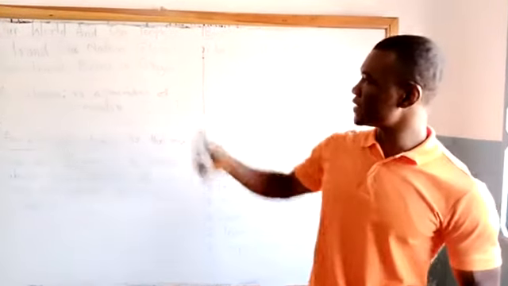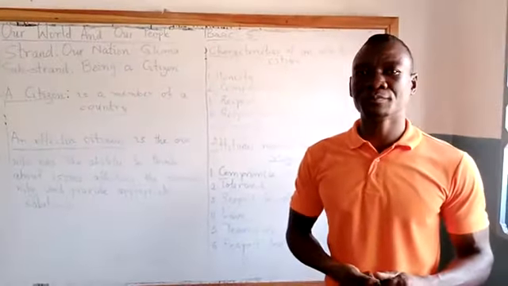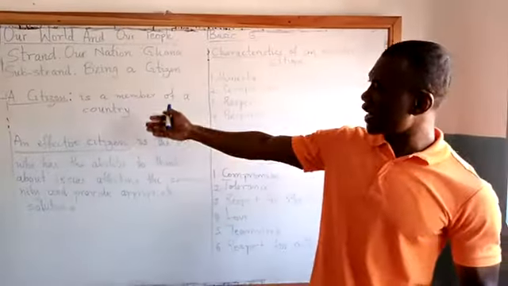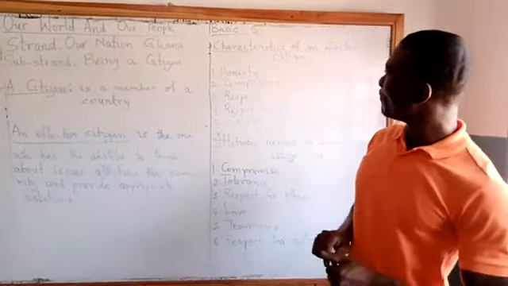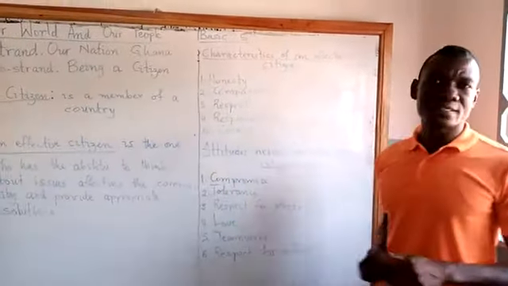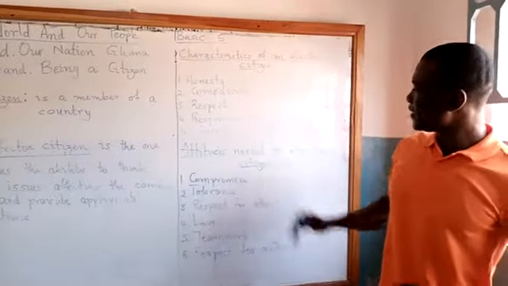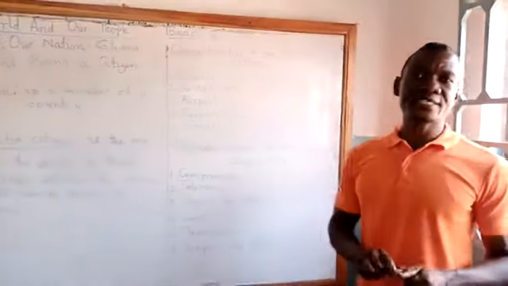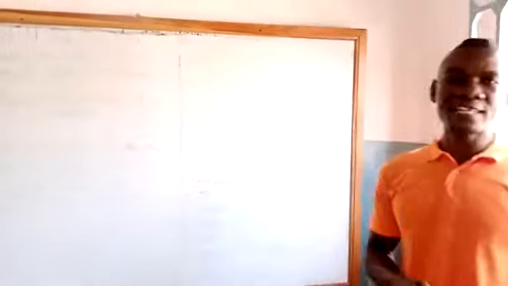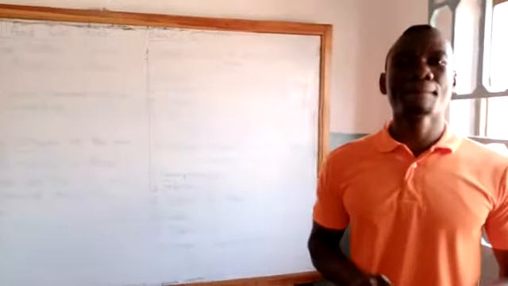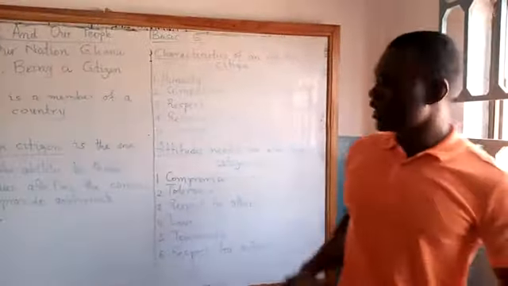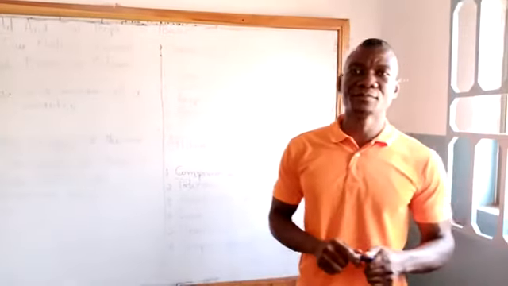And so we said a citizen is a member of a country. Good. And we also looked at the characteristics of an effective citizen. And then lastly, we looked at the attitudes needed for effective citizenship. I hope you have been able to enjoy the lesson.